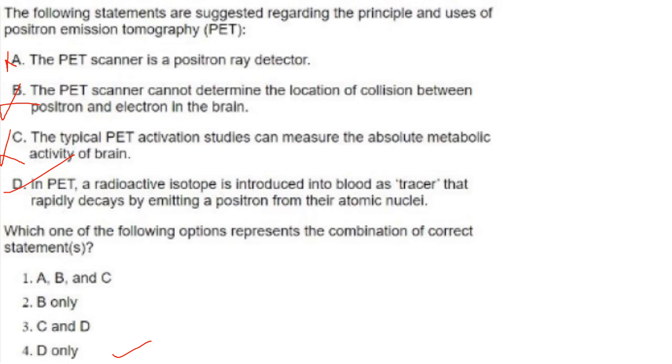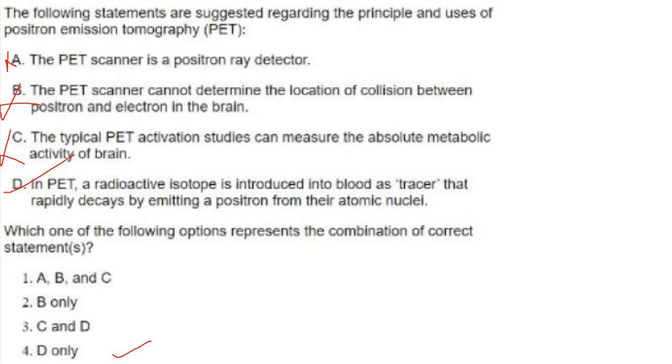Now next one. The following statements are made regarding the principle and uses of positron emission tomography. So PET principle, I will tell you, a radioisotope is attached to a drug and is injected into the body, and this is called the tracer.